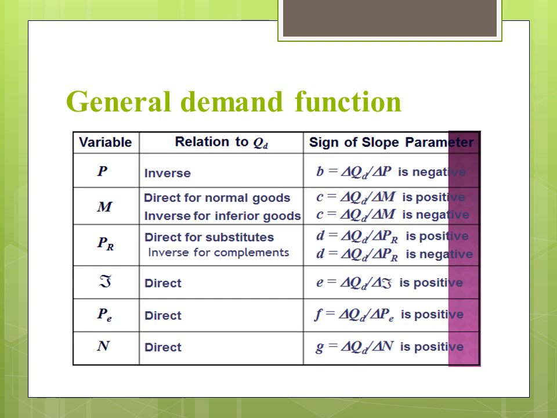With substitute goods price the relation is direct, but with complement goods the relation is inverse. And with normal goods the relation is positive with consumer income, and with inferior goods the relation is inverse.